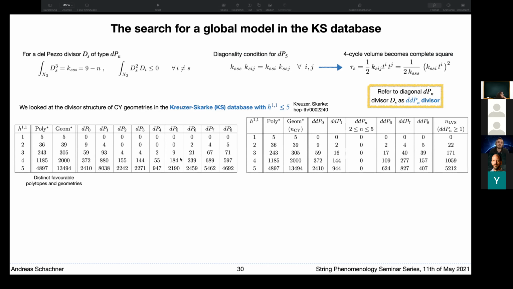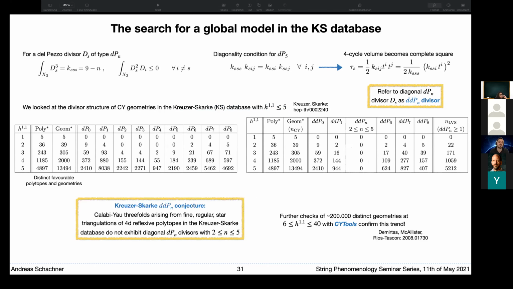Now, interestingly, once you impose the diagonality condition, all of the diagonal ddPn divisors disappear with n between 2 and 5. And this very peculiar observation led us to formulate the following conjecture: Calabi-Yau threefolds arising from fine regular star triangulations of 4D reflexive polytopes in the Kreuzer-Skarke database do not exhibit diagonal dPn divisors with n between 2 and 5.